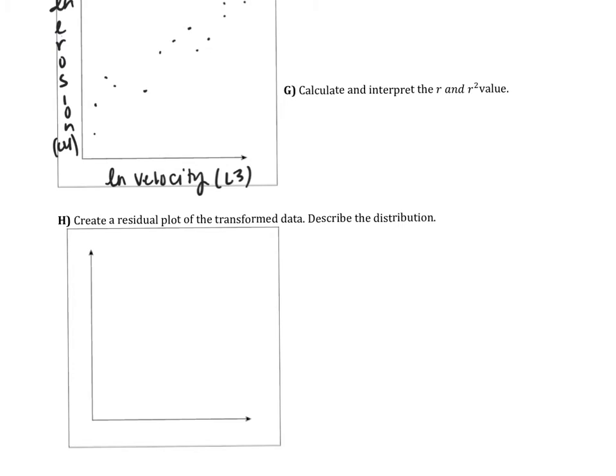The only thing is we get out this equation. Y hat equals negative 9.38 plus 4.58x. The only thing that you need to remember is that this isn't actually what we're looking at because these aren't just x and y values that I have plugged in here. I have the natural log of y and the natural log of x. My calculator can't take that into consideration, but I have to.